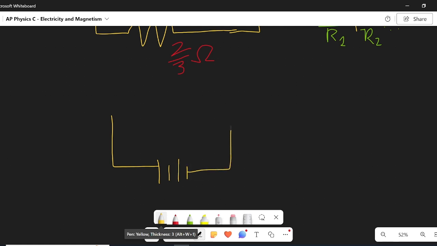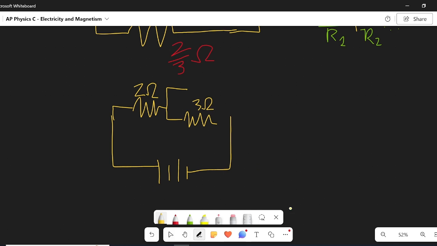We'll start with a 2 ohm resistor, 2 ohm. And then we'll have a 3 ohm here. In fact, we'll actually have to extend this wire a bit.